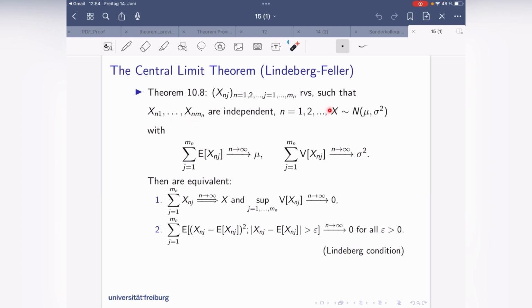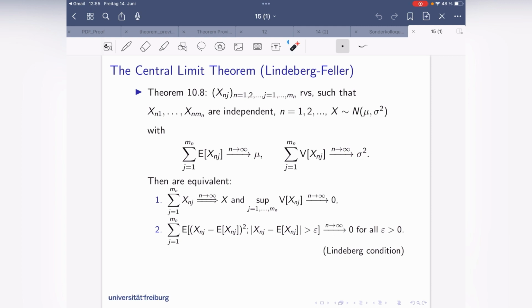We have a random variable X which is normally distributed with parameters mu and sigma square. We have that the sum of expectations along one row converges, as the row length goes to infinity, to mu, and for the variances the sum converges to sigma square.